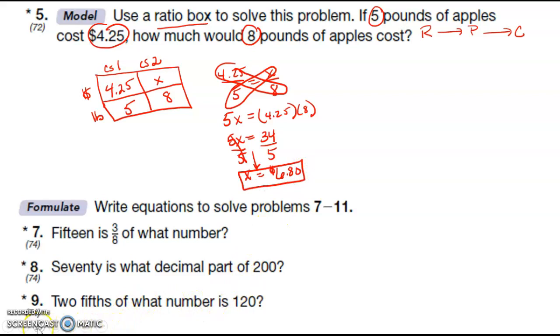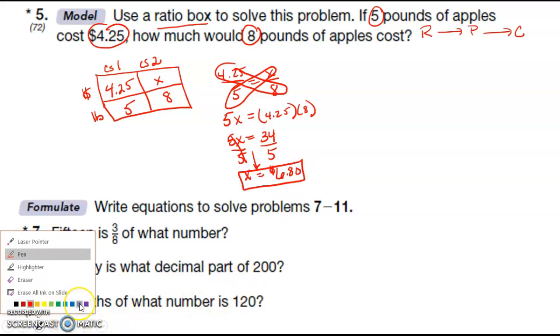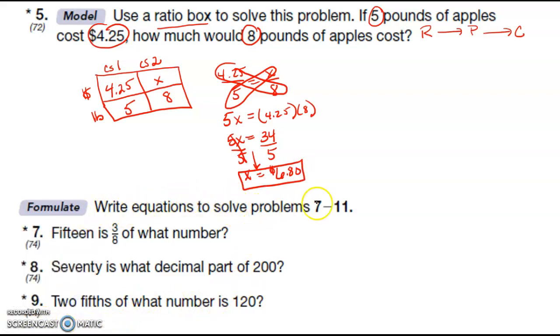All right, let me change colors here. It says write equations to solve 7 through 11. So I have 15 is 3/8 of what number? So if I use my is over of, I know 15 is, x is my what number, and then I have 3/8. So now I have a proportion.